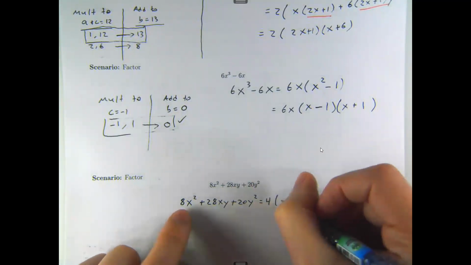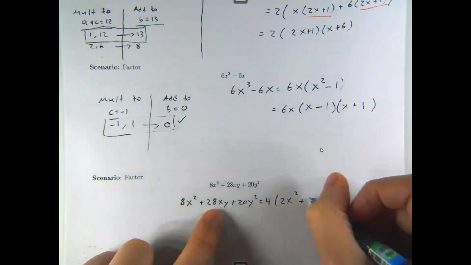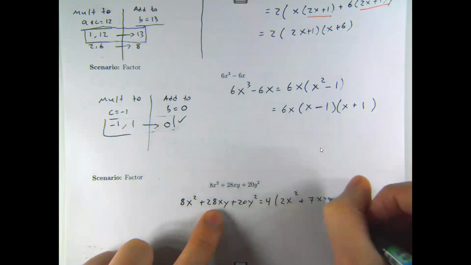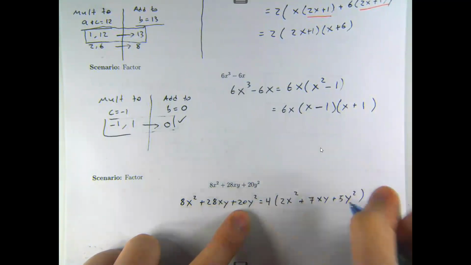Pulling out that 4 leaves me with 2x squared. That leaves me with a 7xy, 4 times 7 is 28, and a 5y squared. 4 times 5 gives me the 20.